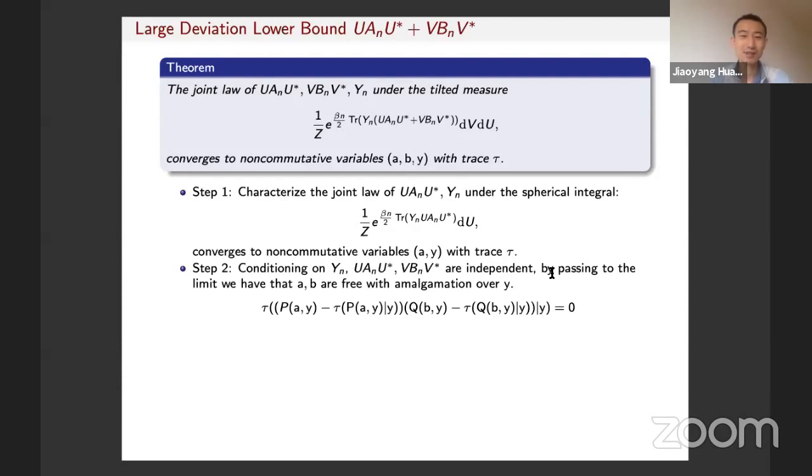So by passing to the limits, we also expect the same kind of independence, which is called freeness with amalgamation over Y. This is the analog of conditional independence in the classical setting.